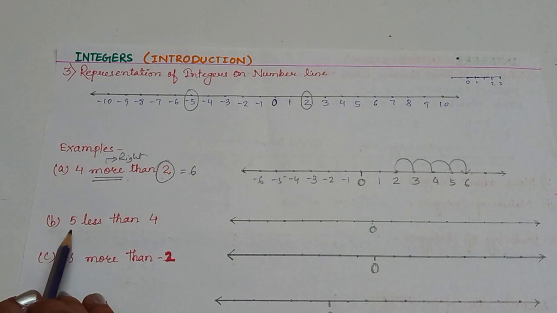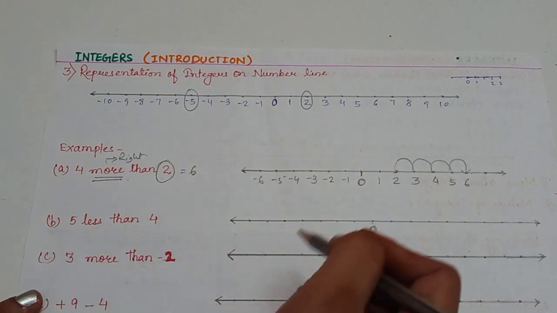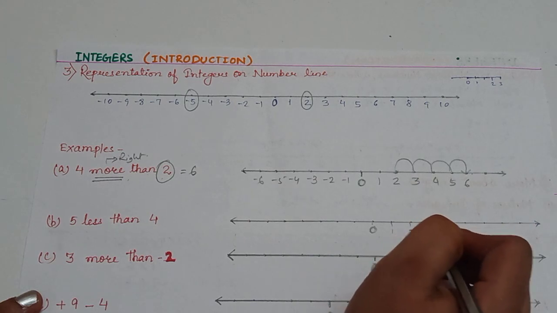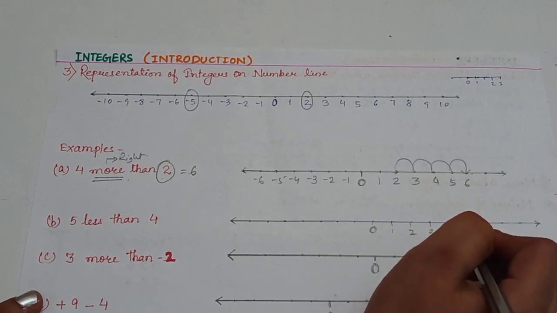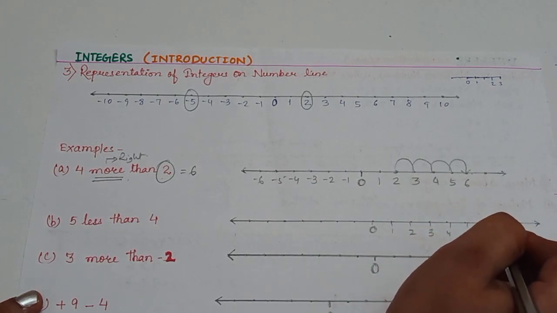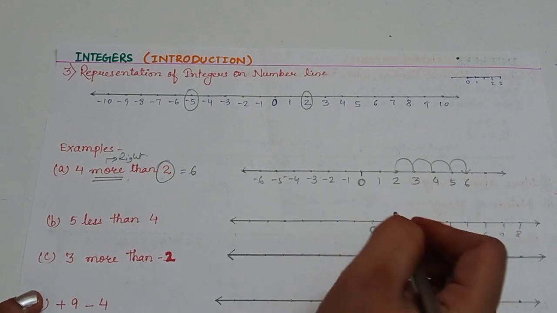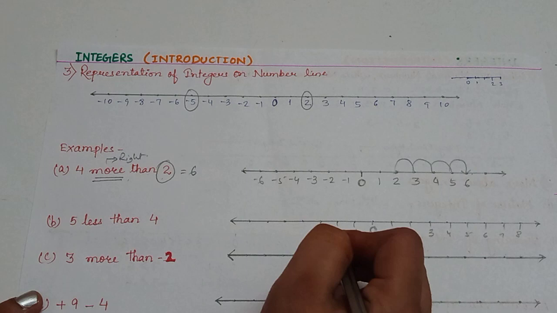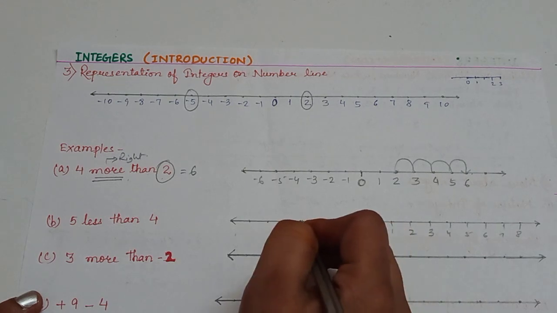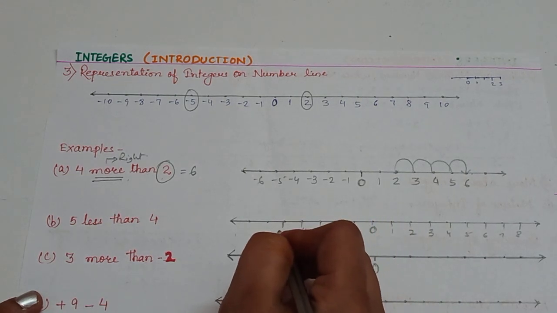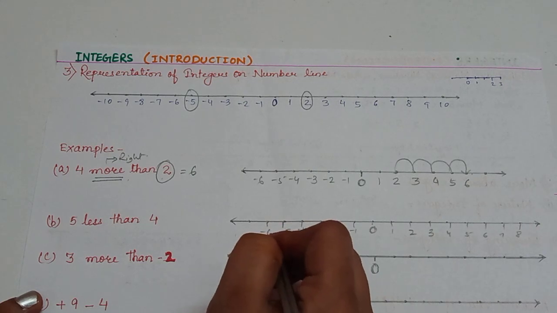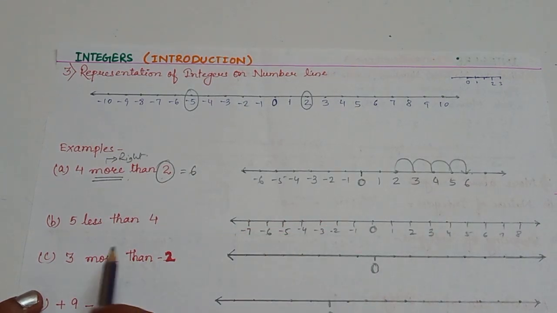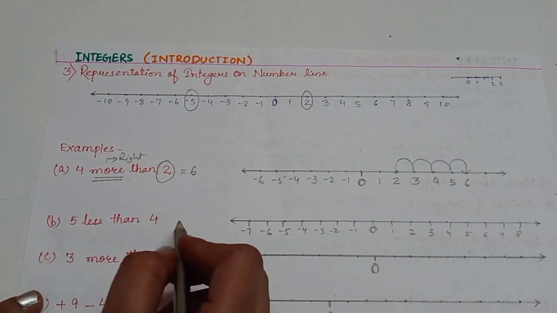Now the question may come like 5 less than 4. So let's plot it here. 1, 2, 3, 4, 5, 6, 7, 8 and so on. And over here -1, -2, -3, -4, -5, -6, -7 and so on. So here, 5 less than 4.